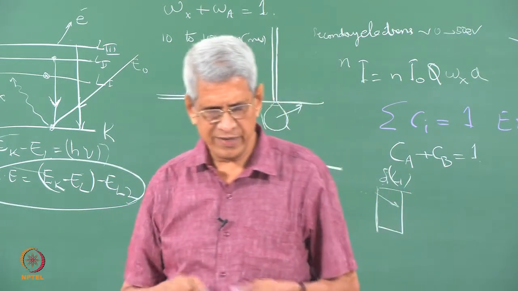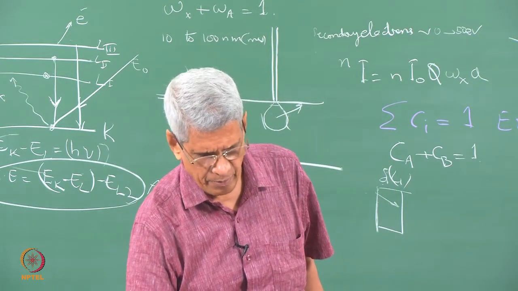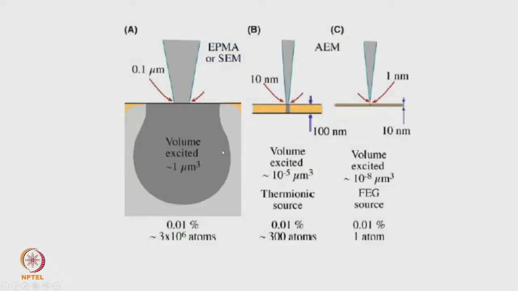Here I am showing an example of how, in an EPMA, this is the beam size and this is the volume. If we want to detect about 0.01% concentration, then the number of atoms in this volume is 3 times 10 to the power of 6 atoms. Suppose in a conventional analytical electron microscope, with a 10 nanometer beam size and 100 nanometer sample thickness, the volume excited is 10 to the power of -5.